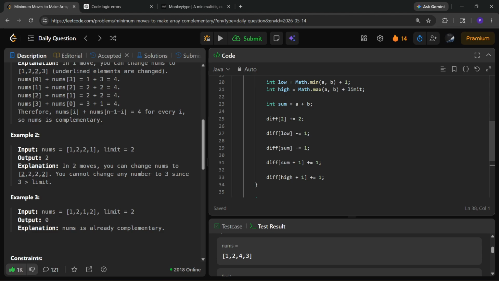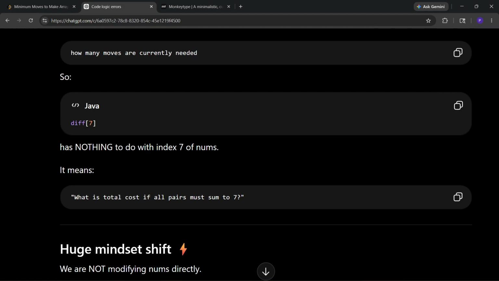Why is this working? Okay, now it's saying, if I know, wait a minute, the difference array is storing the total cost of all pairs to sum up to 7.